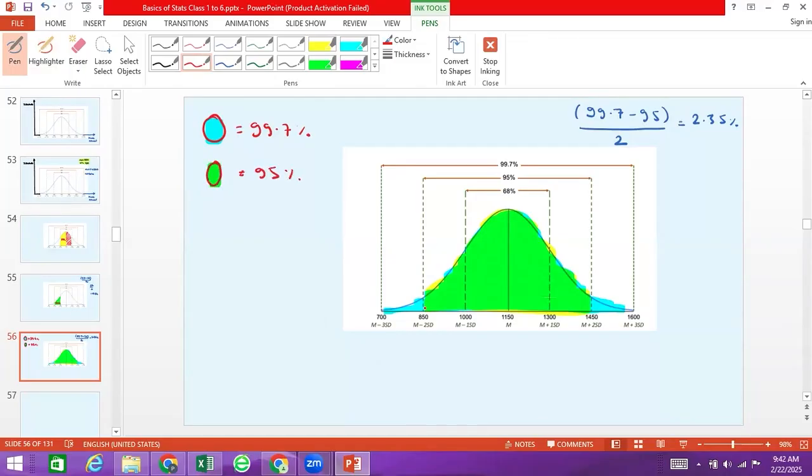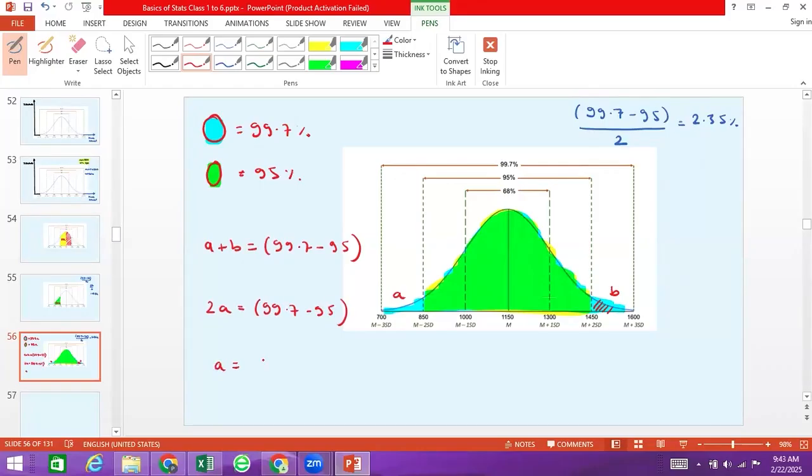Now these two regions are left, one region this and the other region this. Let's call them A and B. A plus B is 99.7 minus 95. And A and B are identical, so I can simply say 2A is equal to 99.7 minus 95.